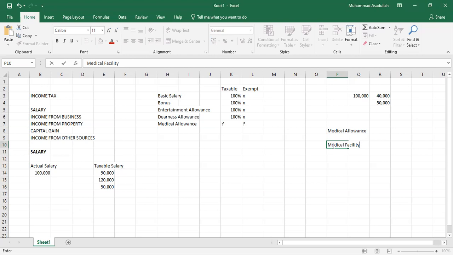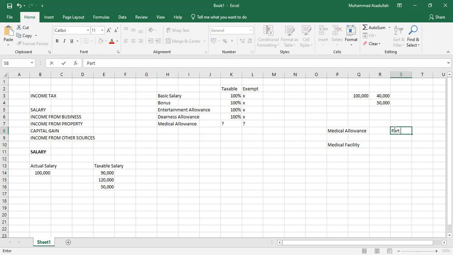So what is the difference between medical allowance and medical facility? Medical allowance is actually a part of your salary. However, medical facility is something different.